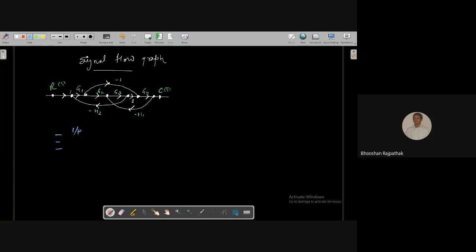One is called input node, one is called output node. Then we have loops, forward path. So what is input node? Input node is the node where all the paths are going out. Only one path is coming in.